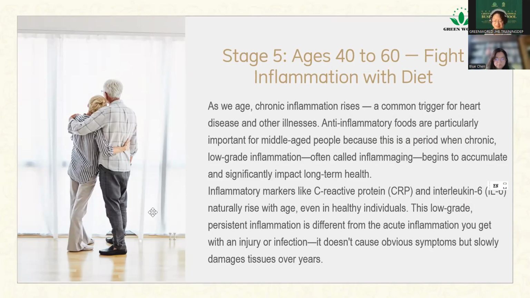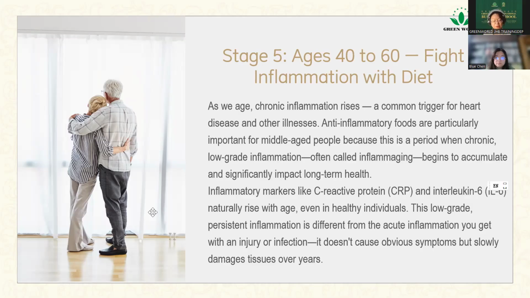begins to accumulate and significantly impact long-term health, because chronic inflammation may accelerate the aging process. Inflammatory markers like C-reactive protein, the CRP, and interleukin-6 naturally rise with age, even in healthy individuals.